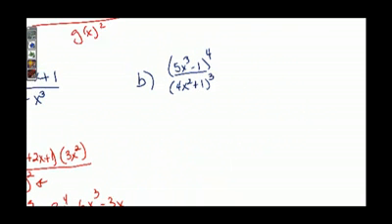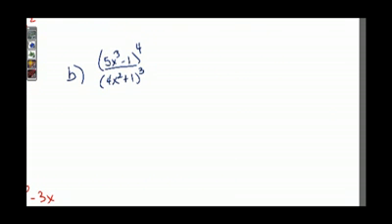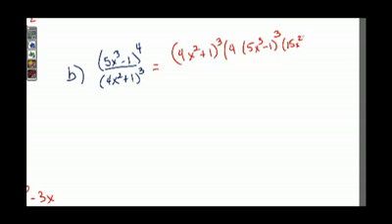Let's look at this one here. If I do this one here, I'm going to have low, which is 4x squared plus 1 cubed, d high, which is 4 times 5x cubed minus 1 cubed, and then we multiply by the derivative of the inside, 15x squared, and then minus high d low.